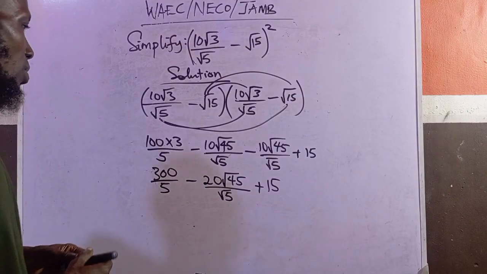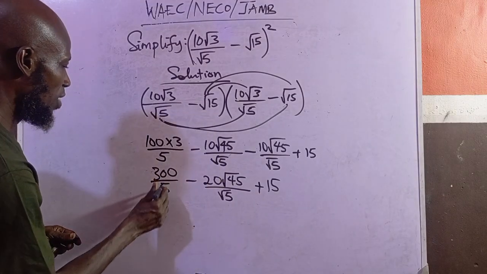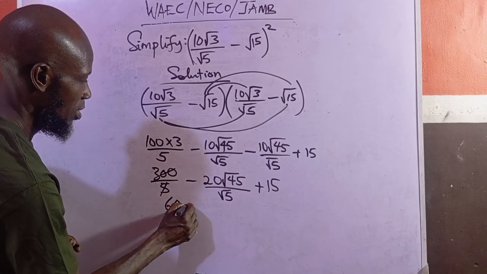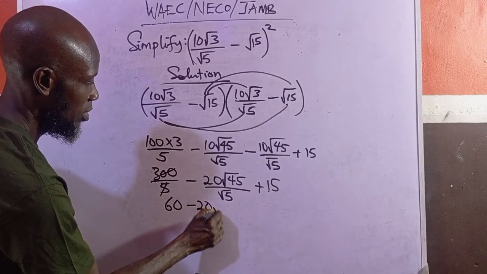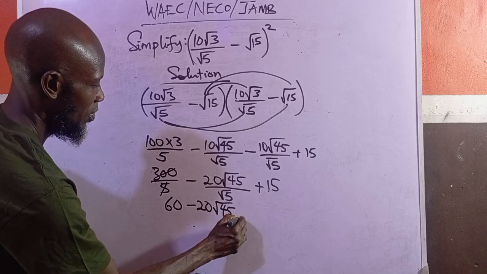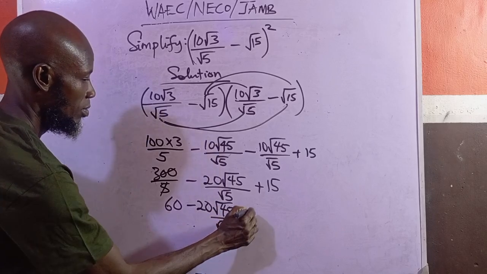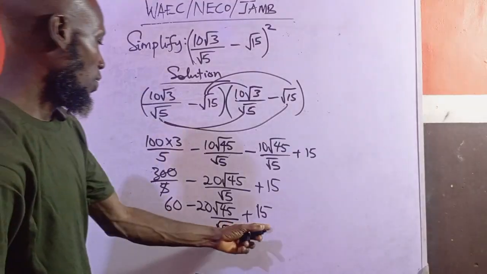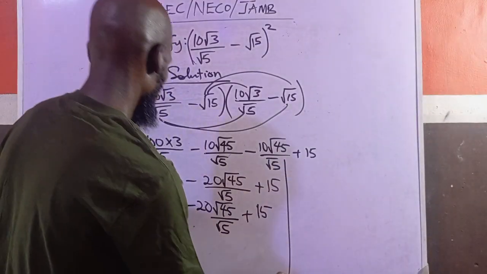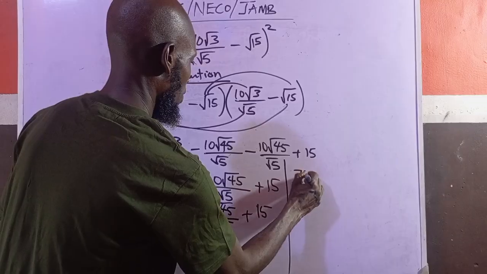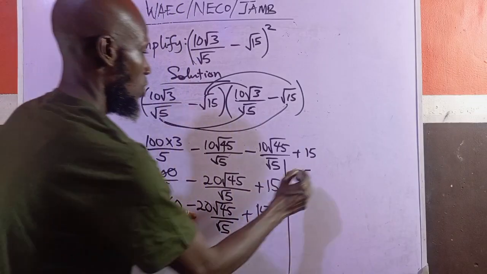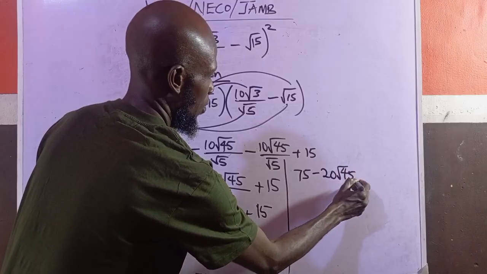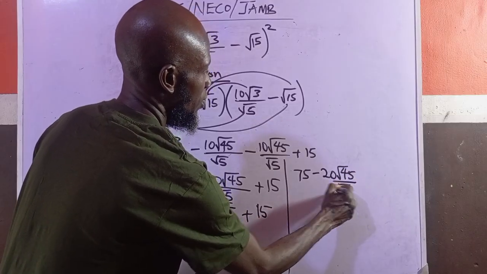Now, let's simplify. 5 in 300 will give us 60. Then we have minus 20 root 45 over root 5 plus 15. So 60 plus 15 will give us 75. Then we have minus 20 root 45 over root 5.